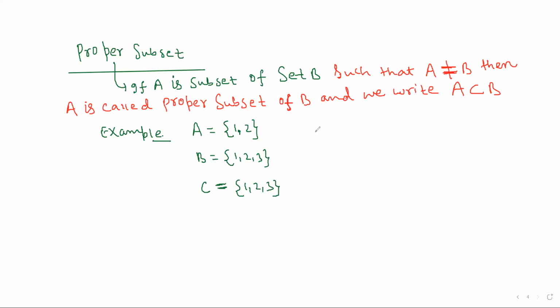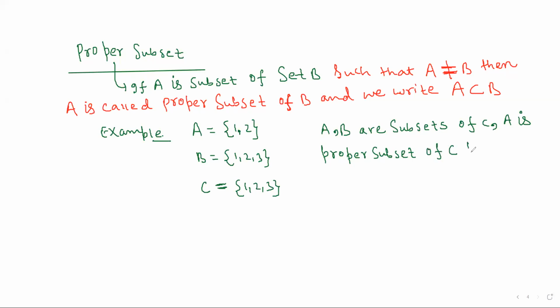So we can say that A and B are subsets of C. You can say that A is a proper subset of C, but B is not a proper subset of C, as B is equal to C.